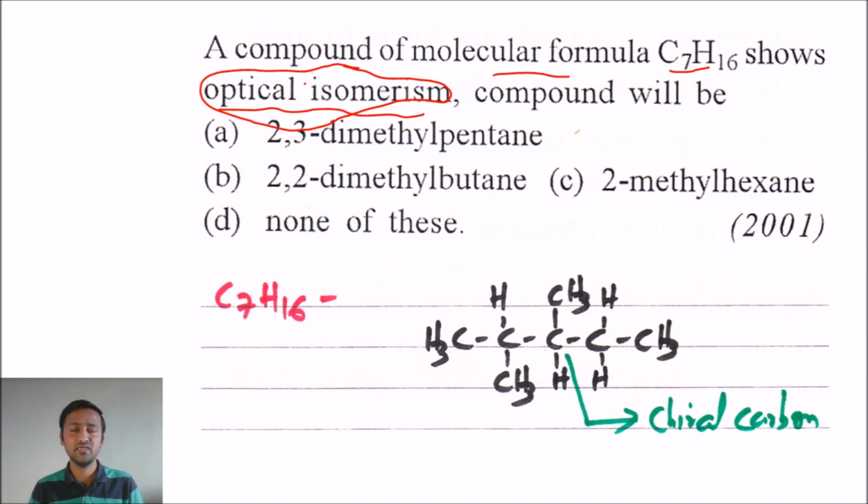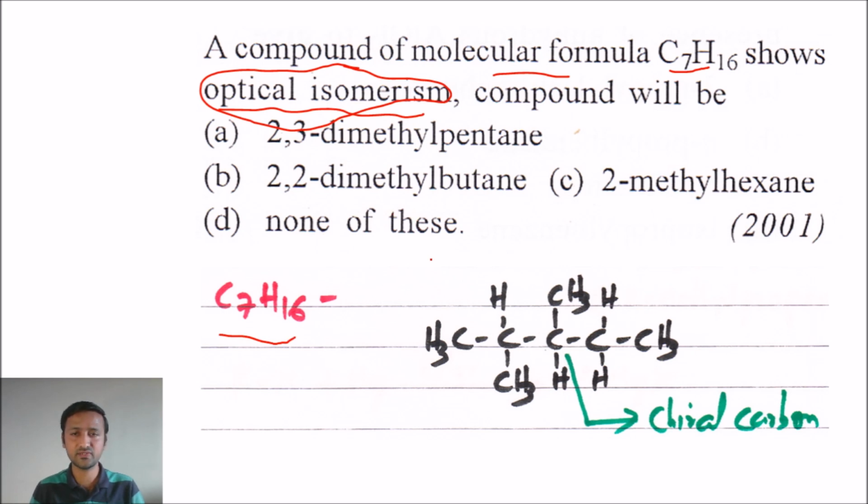There should be asymmetry in the molecule, or presence of chirality; in other words, the molecule should have a chiral carbon atom present. This is a simple question. If you write the structure, you'll come to know whether the molecule has a chiral carbon or not. I have taken directly here C7H16.